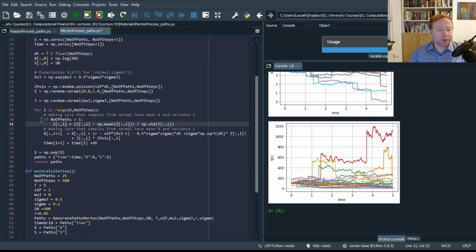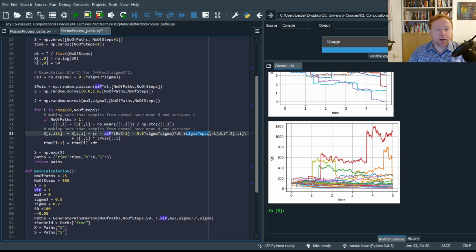Going to the simulation, as before, we have a standardization element. This is not so relevant, it is more for convergence. Now, looking at the dynamics, the next iteration step for process X is the previous step plus r minus xi p times the expectation of e to the power J minus 1, minus half sigma squared, all times dt.